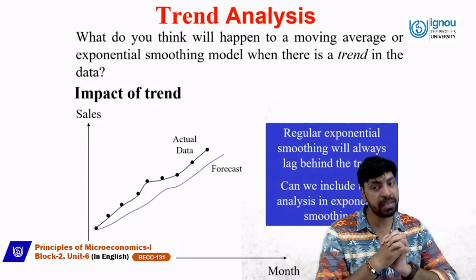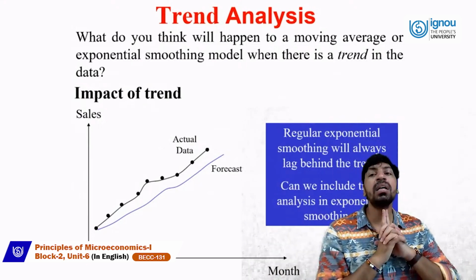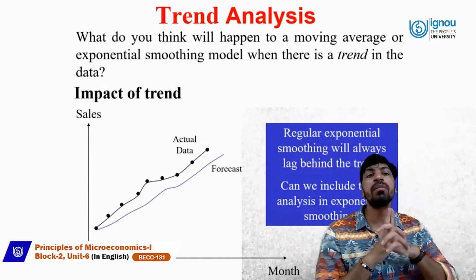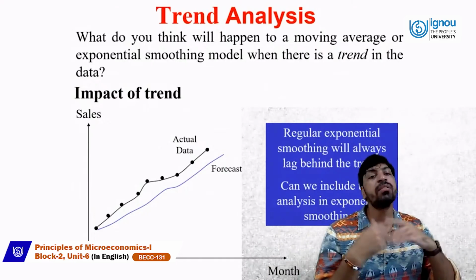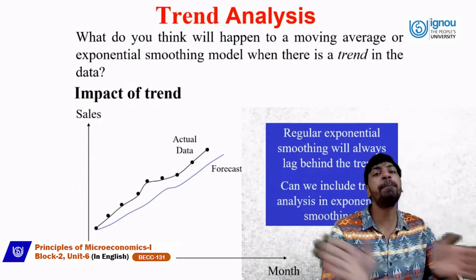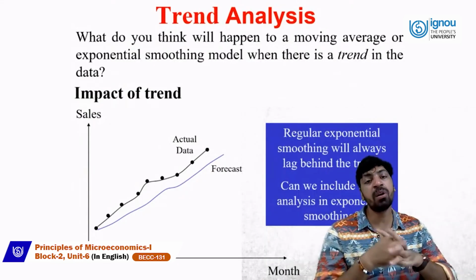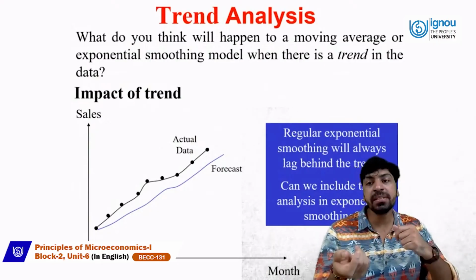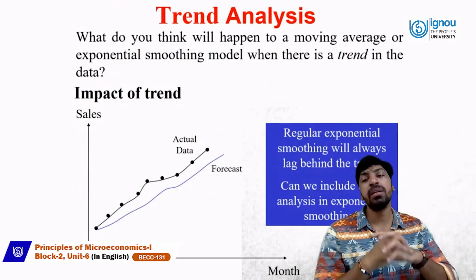So, if we compare the moving average and the exponential smoothing, exponential smoothing will be adopted as compared to the moving average because exponential smoothing shows a trend analysis in the particular data.